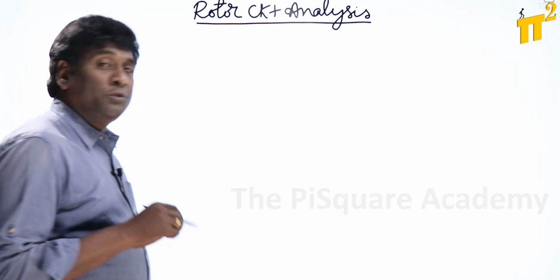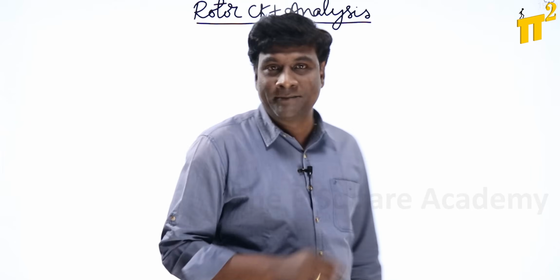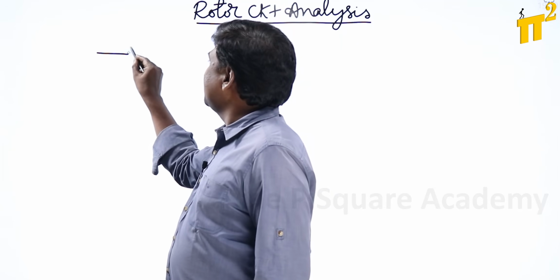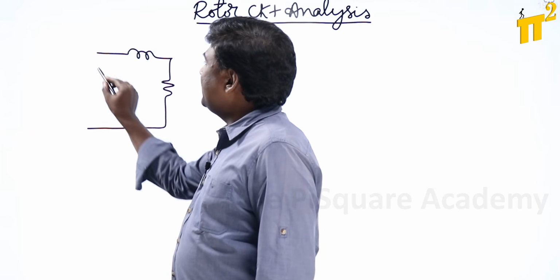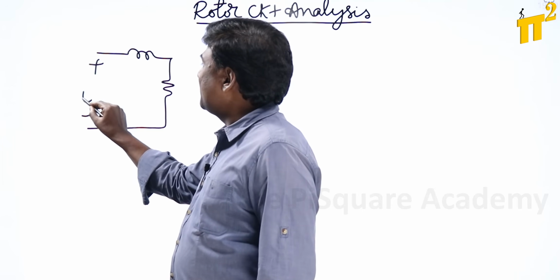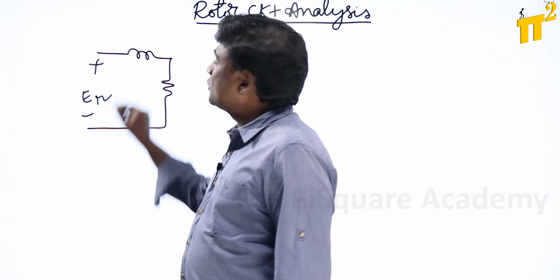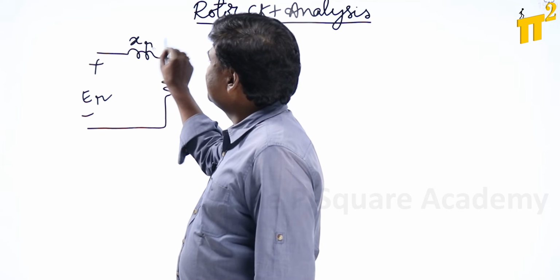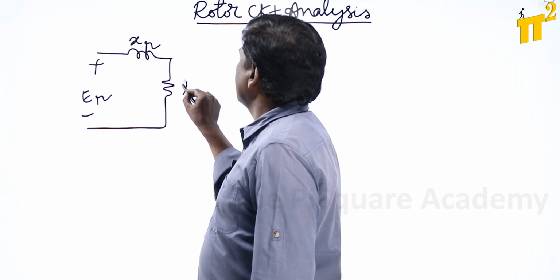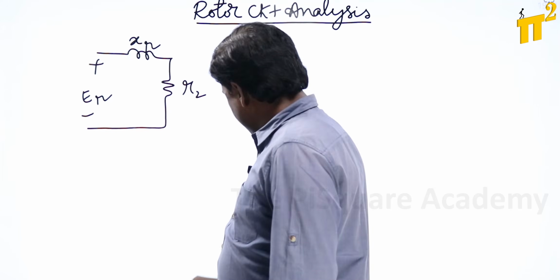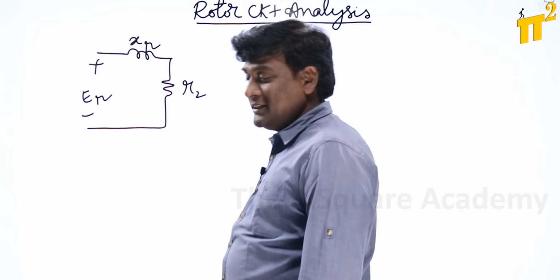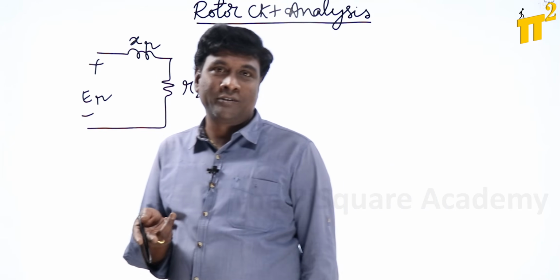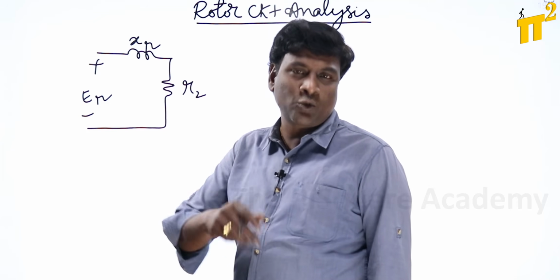If you think of the rotor circuit equivalent, it is going to be like this. Here the rotor induced voltage ER will be there, here the rotor reactance XR, and here the rotor resistance R2. In our previous session we mentioned that the rotor frequency is going to be S, the slip, times the stator frequency.